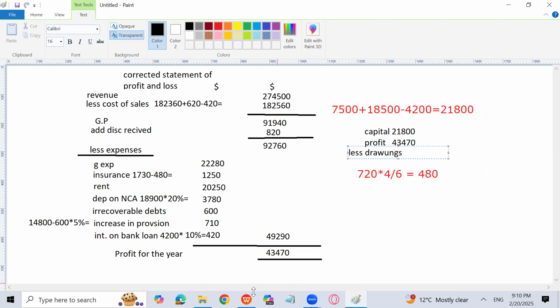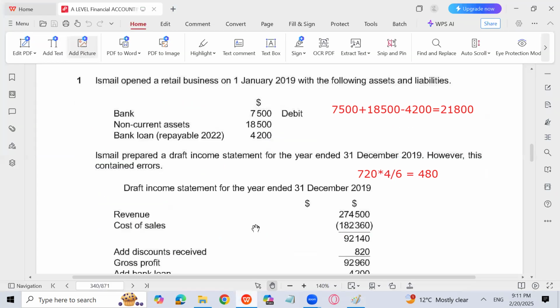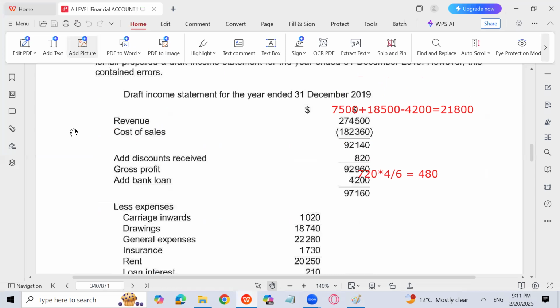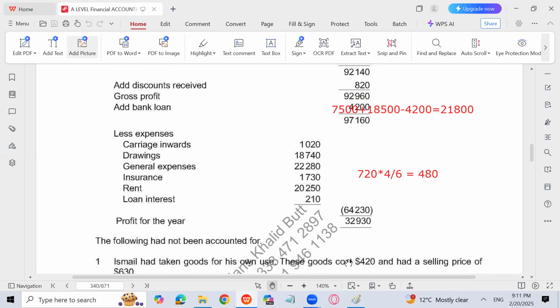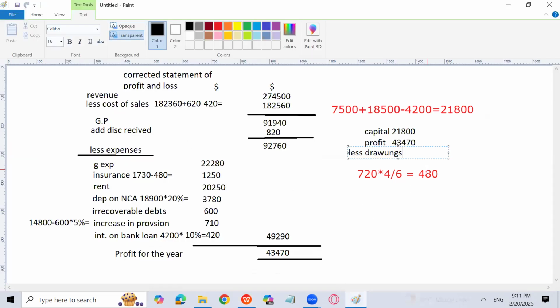There are cash drawings of 18740, which were wrongly written under the heading of expenses, and there are goods drawings of 420. So 18740 plus 420 will be the amount of drawings, which will be subtracted from capital plus profit less drawings.